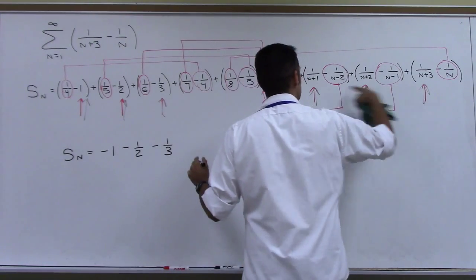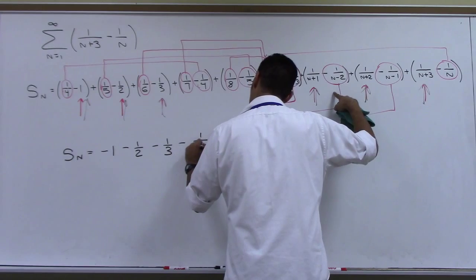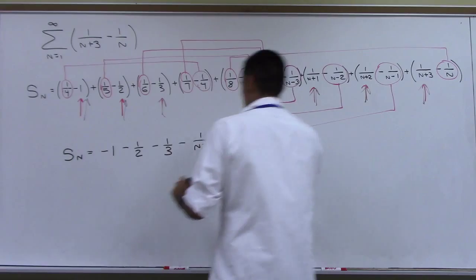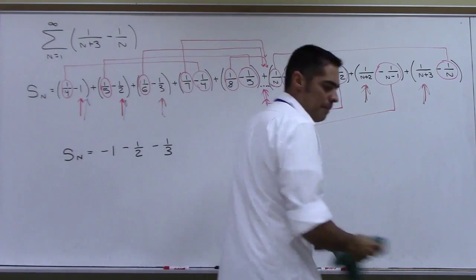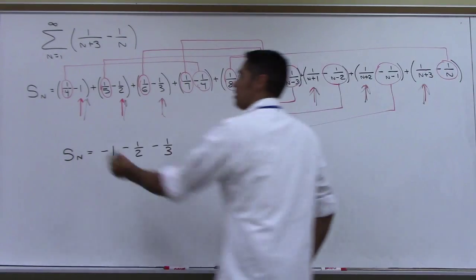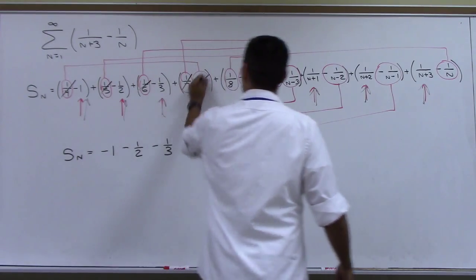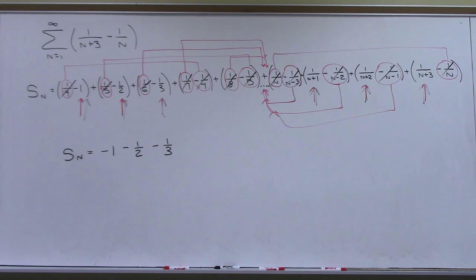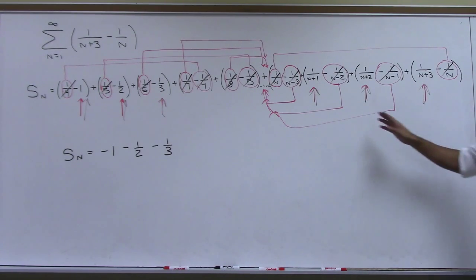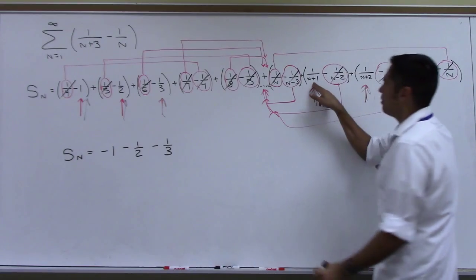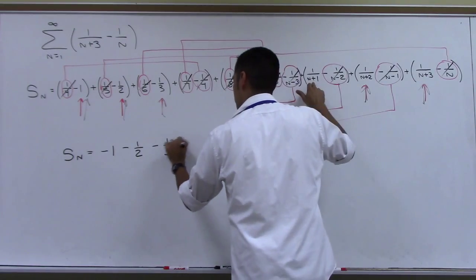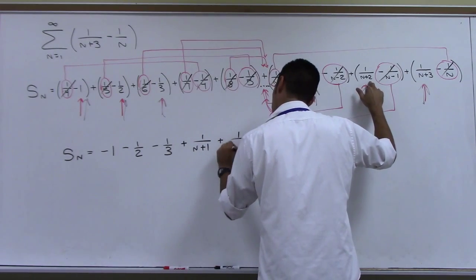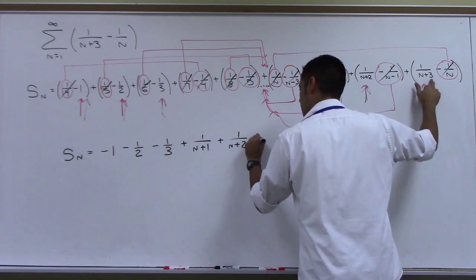And then down here, -1 over n minus 2 minus... What I'm used to doing when I do these is I actually cancel these out so I don't mess them up. Like I actually come in here and cancel them like that. I was using circles so you could still see the numbers and not get too crazy, but this is a little easier for me to see what's left. This one's left, right? And then this one's left. And finally, this one.